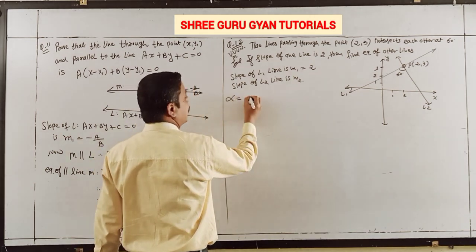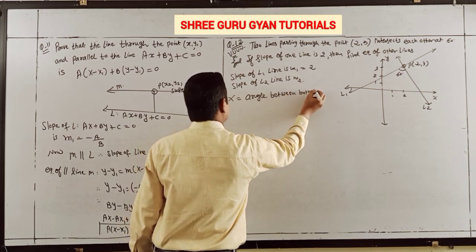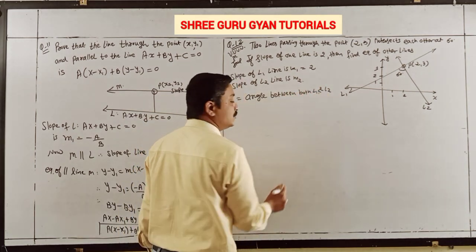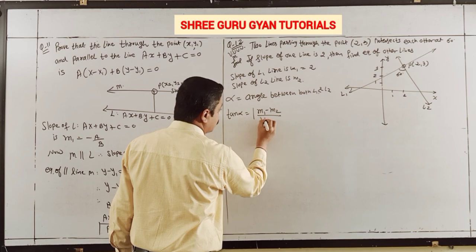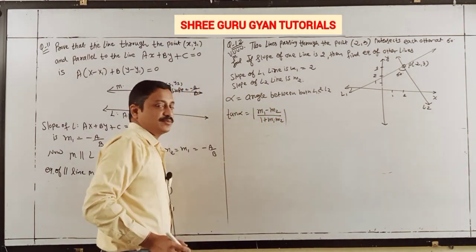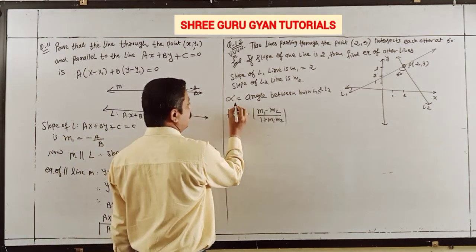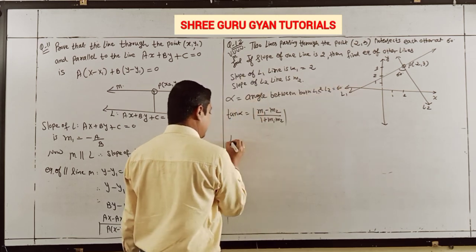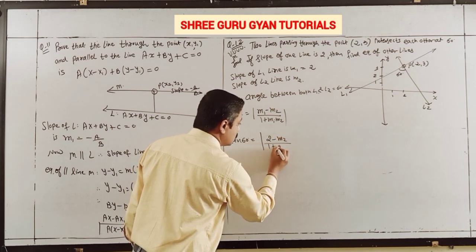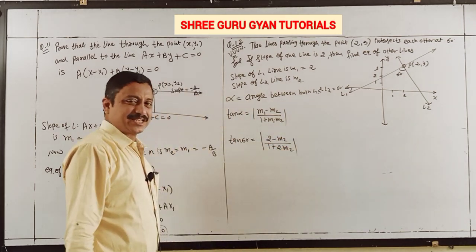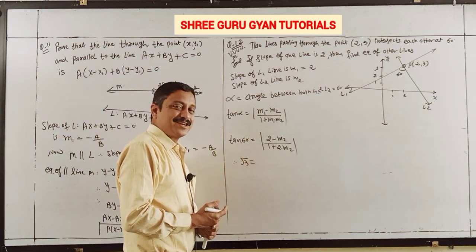Now the angle between L1 and L2 is alpha. Now you start with the tan alpha formula, m1 minus m2 by 1 plus m1 m2, and put in both values. Tan alpha is given as 60 degrees, so I write tan 60. m1 is 2, so it is 2 minus m2 by 1 plus 2 m2. Now, students, tan 60 is known: it is root 3.